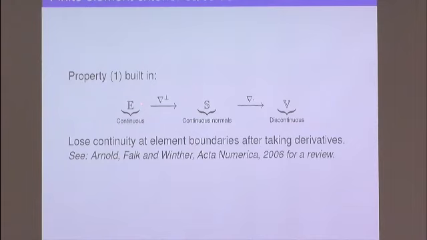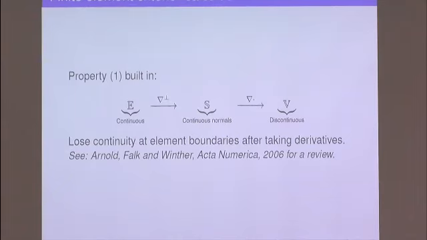And the way the setup works is that the stream function space, the functions are all continuous. It's like the classic kind of continuous finite element. And then you've taken a curl, and that means that you're left with functions which only have continuous normals. So you can now have jumps in the tangential component across each of the edges. And then you can take a divergence, and you end up with functions which are completely discontinuous down this end.